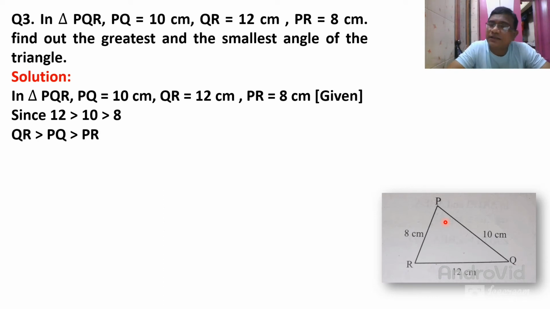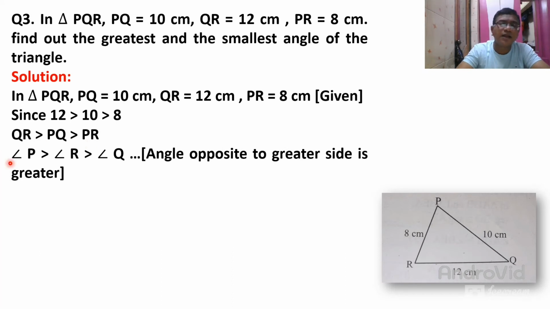So QR is greatest, so opposite angle P is greatest. Then PR is smallest, so opposite angle Q is smallest. So here is written QR is greater than PQ, PQ is greater than PR. So angle P is greater than angle R and angle R is greater than angle Q.